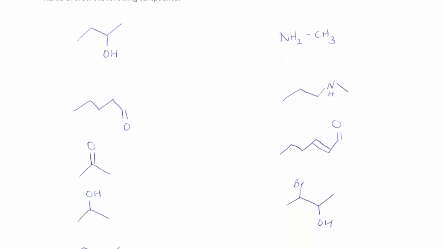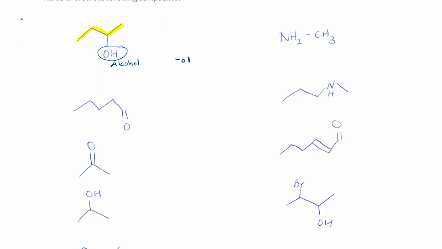So now let's work with some functional groups. The rules are the same. You find the longest carbon chain, the backbone or the parent chain, that contains the functional group. So here we have this functional group. This is an alcohol group. This alcohol group will give the ending OL.